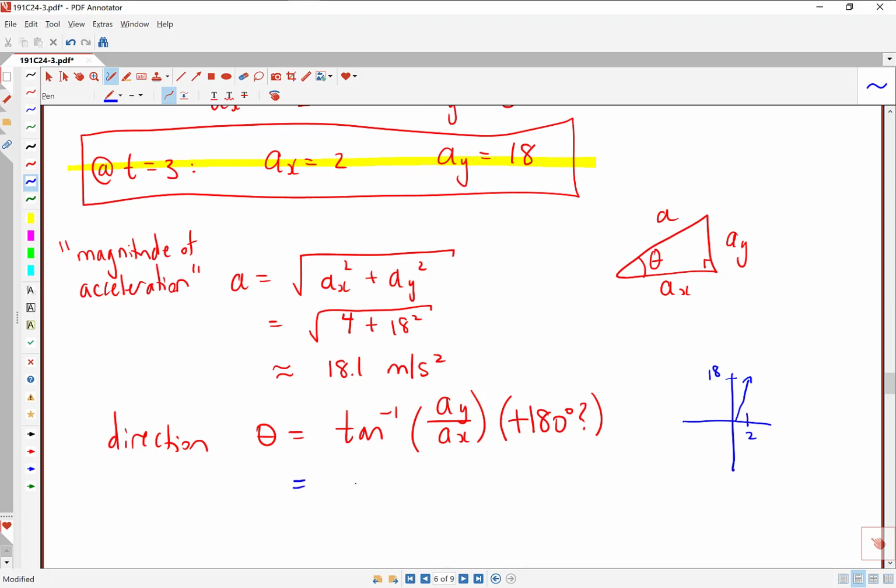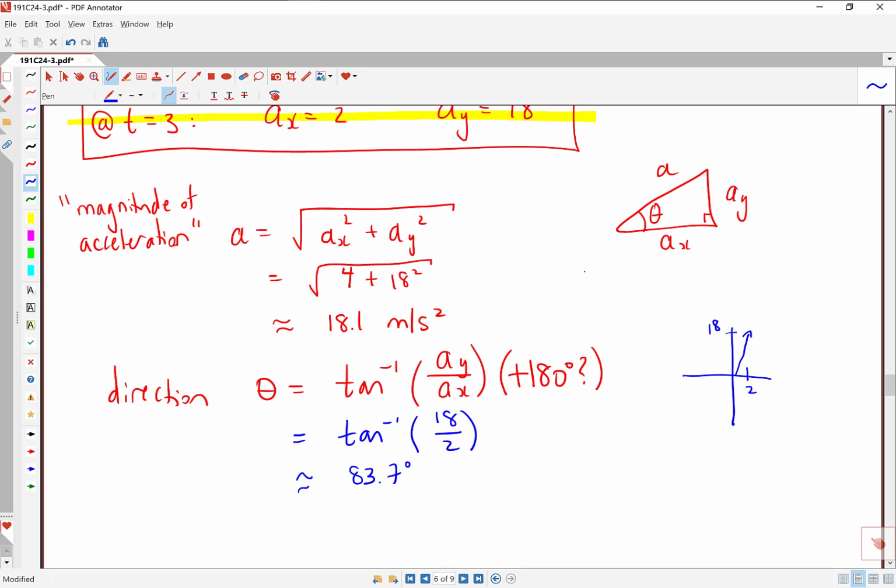So our answer then is going to be arctan of 18 divided by 2, no correction required, and that comes out to about 83.7 degrees. So that seems reasonable according to the sketch that we've got over on the side.